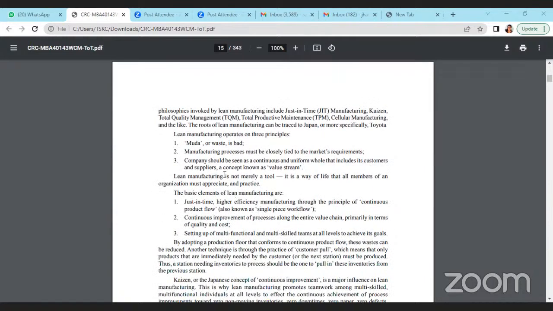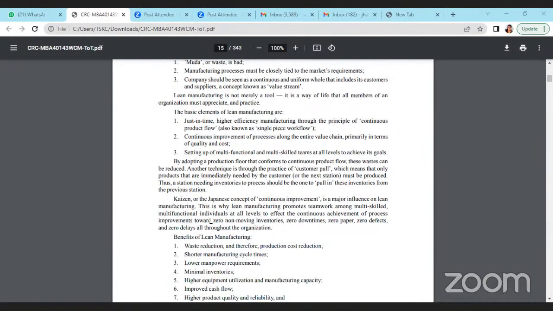The basic elements of lean manufacturing are JIT, just in time, which looks after high efficiency manufacturing through the principles of continuous product flow, continuous improvement, and Kaizen, the Japanese concept of continuous improvement. Because of these, the lean manufacturing concept has more influence.